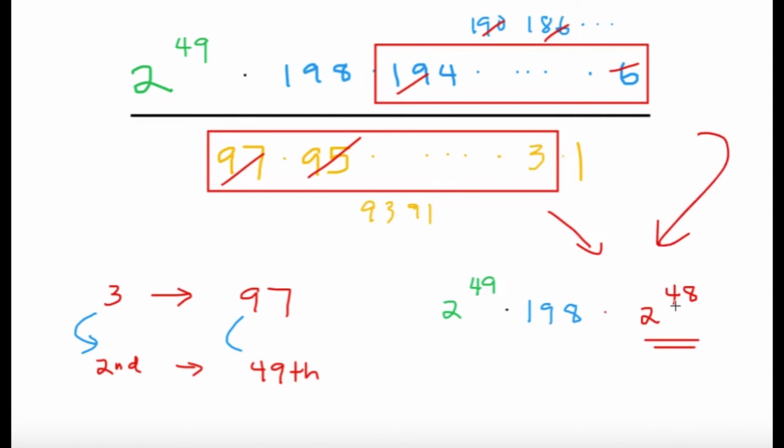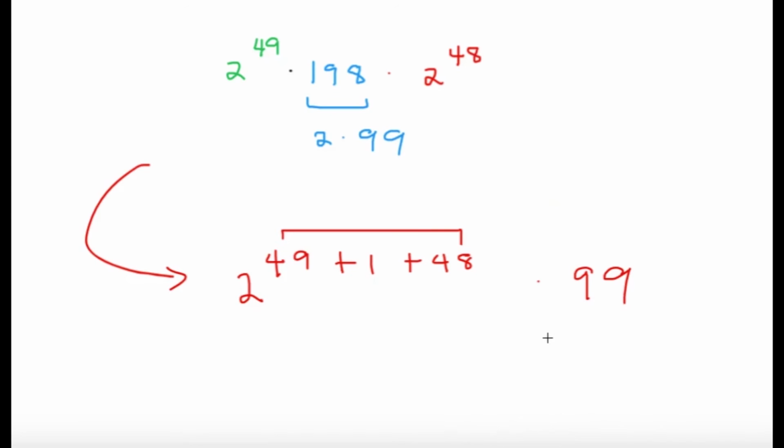This came from after the cancellation. All you have to do is simplify this into the format that they require, which is 2 raised to a times b. Since 198 has a factor of 2, it's 2 times 99. Let's include the 2 in the format 2 raised to a times b, where b is odd.